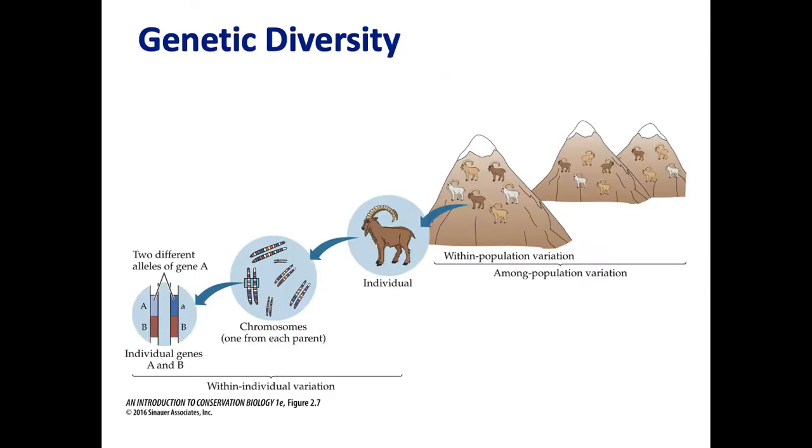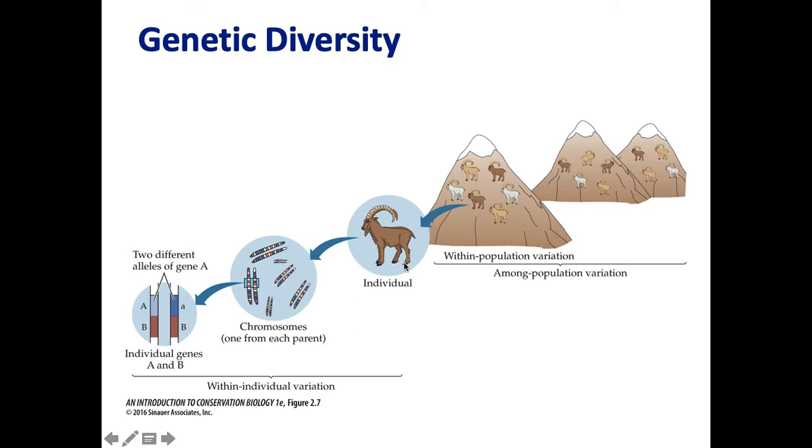And when we talk about genetic diversity, we can look at it at different levels. So we can think about how many different genes there are in an individual. We can look at the genes on chromosomes, and so we get 1 copy from each parent. We can look at the diversity of genes in an individual.